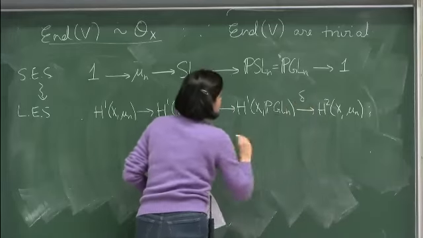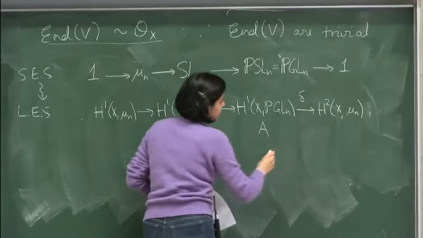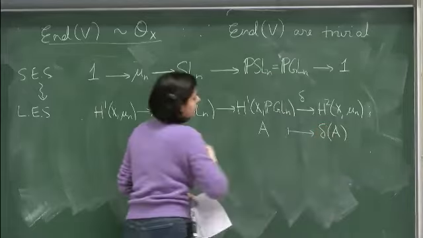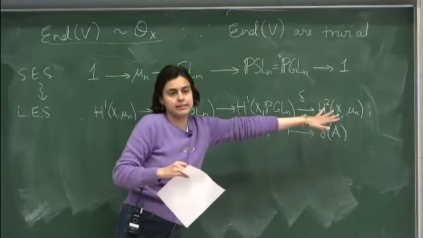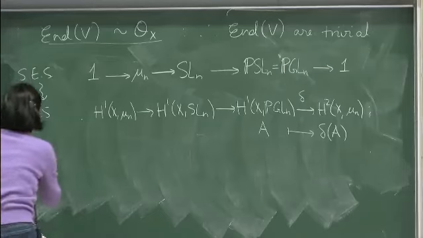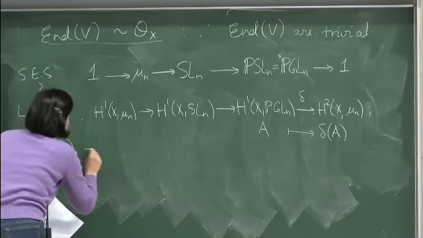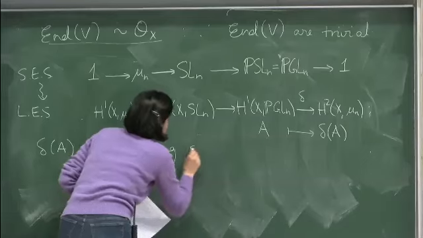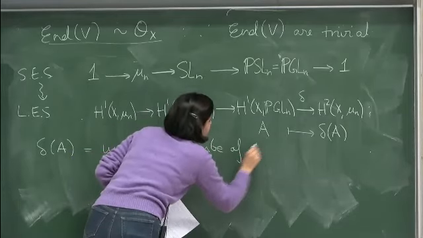Let's call this map delta. So if you have an Azumaya algebra A, the image of A in H^2(X, mu_n) is called the underlying gerbe of A. So delta of A is the underlying gerbe of A.